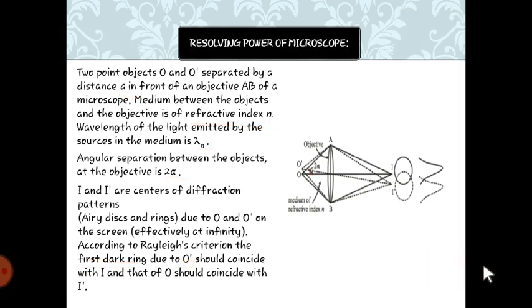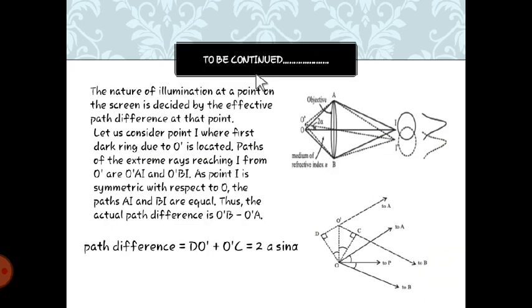Then what exactly happens? Let's see. Here the diagram is magnified. O and O dash are actually very near to each other, but to study it geometrically we have put it in another diagram, with the source, then A and B, where A and B are the ends of the objective.